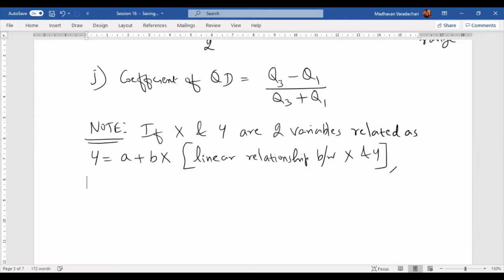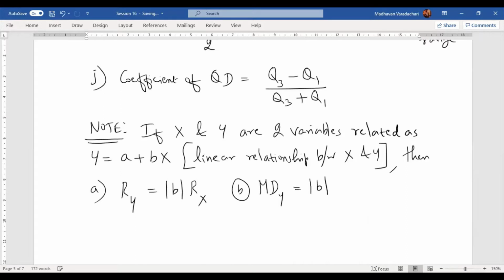Then range of y can be calculated as modulus of b times range of x. Then mean deviation of y can also be calculated as modulus of b times mean deviation of x.